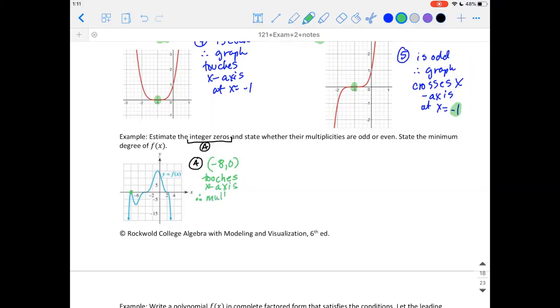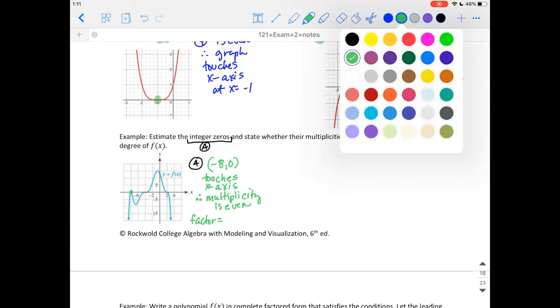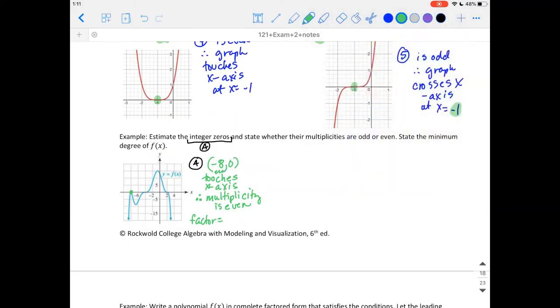So it's going to touch the x-axis. So my 3 little dots, therefore the multiplicity is even. And my factor has to be the opposite of this one. So it's going to be parentheses x plus 8.